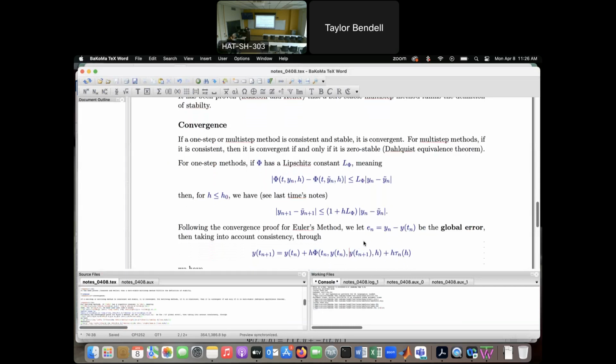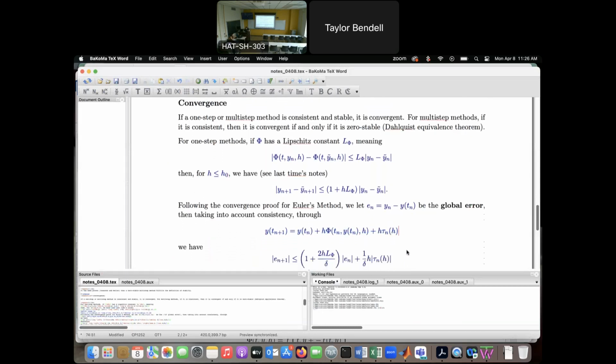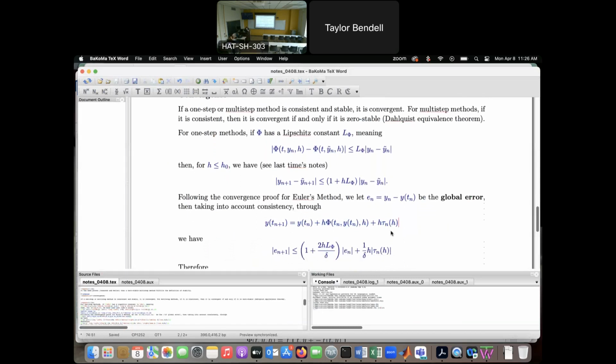The idea is I substitute the exact solution into my one-step method, and I have this, where tau n is the local truncation error. Keep in mind that because we're assuming the method is consistent, that local truncation error goes to 0 as H goes to 0.